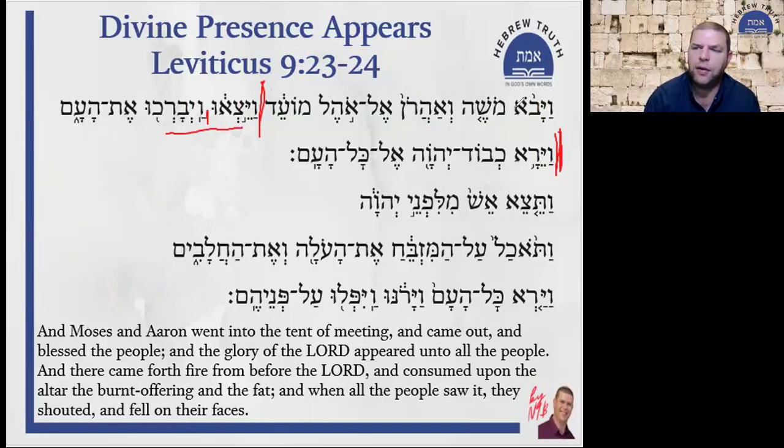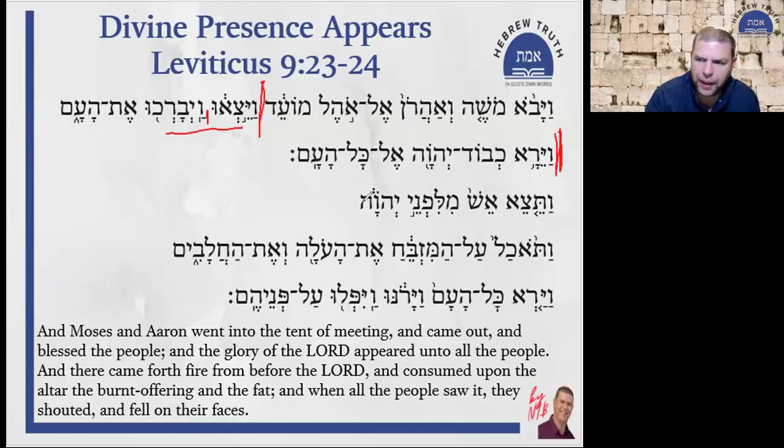Nonetheless, you can see how the Wayyiqtol appears at the beginning of each of these segments. Vayyavo Moshe v'Aaron el Ohel Moed: Moses and Aaron came to the tent of meeting. Vayyetze v'Yivarechu et ha'am: they went out and blessed the people. Vayirach evod Adonai el kol ha'am. Each of these sentences into which the verse is divided starts with the Wayyiqtol verb. That's the backbone of the story and the beginning of sentences.